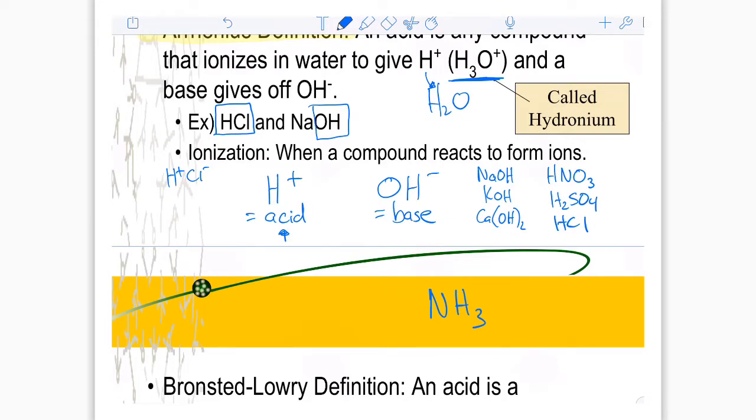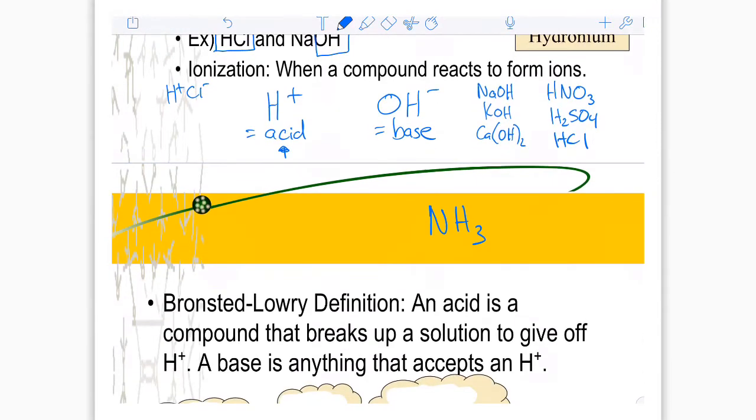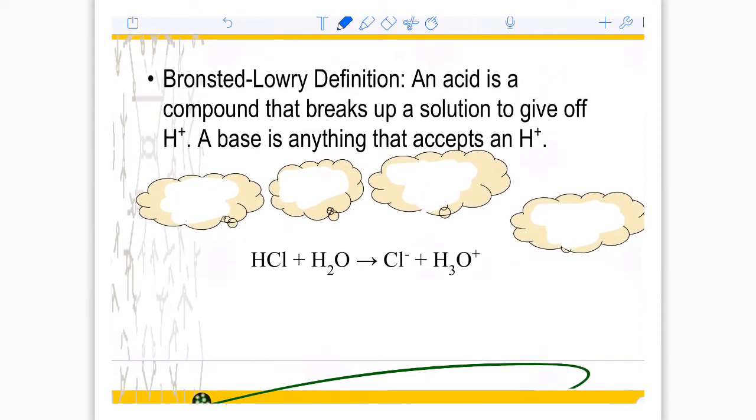It's very common. We see it in all kinds of different things. But there's no OH on there. So how do we identify this as a base? Well, chemists came up with a new definition that will take chemicals like this NH3 into account. And this definition is called the Bronsted-Lowry definition.